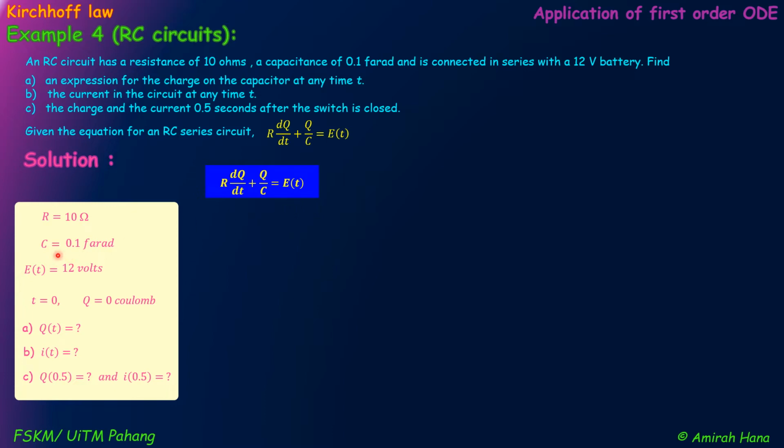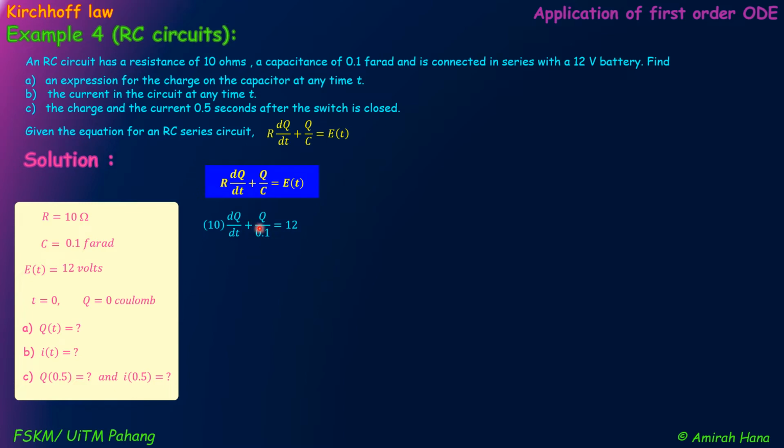From here, we substitute the values R equals 10, C equals 0.1, and E(t) equals 12. Then we have q over 0.1.